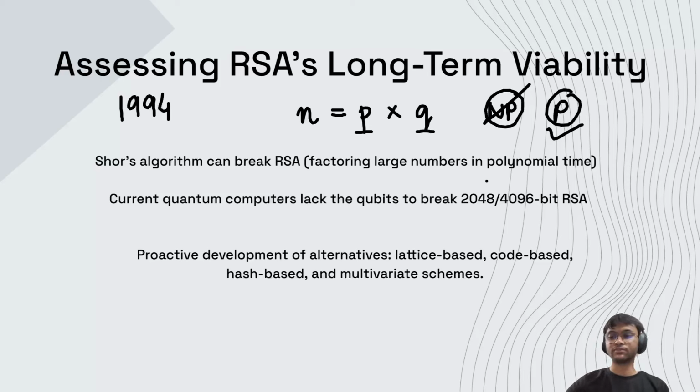Although experimental quantum computers have made progress, they remain far from having the required number of stable qubits to break RSA keys of practical sizes such as 2048 or 4096 bits.